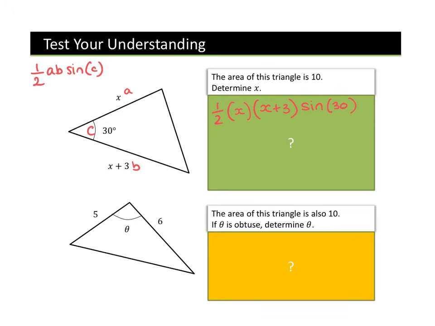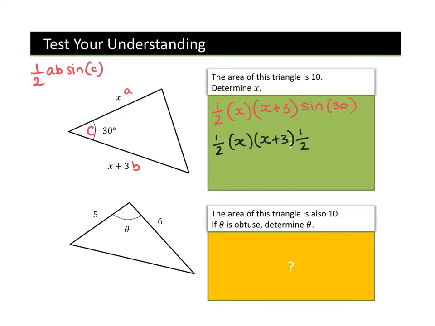Okay, so I know that, now you may have expanded this a different way, okay? First thing I'm going to do is I'm going to put sine 30 into my calculator, okay? It is a half. You will learn to know that it is a half soon, okay?